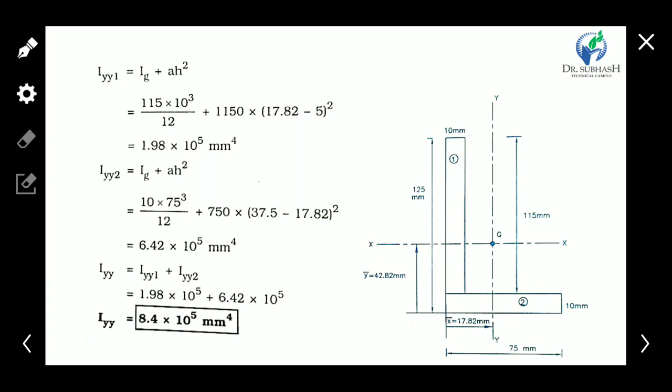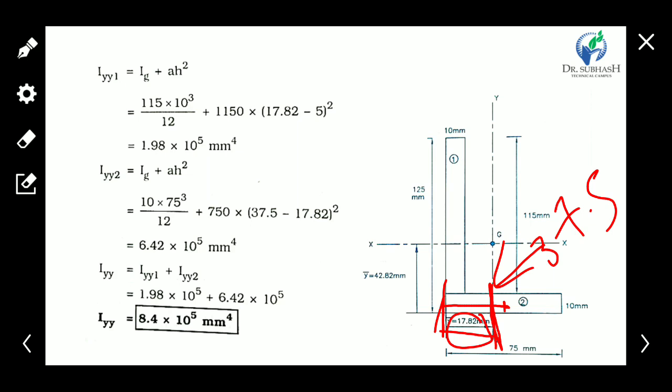Okay, so the CG distance is half of 75, which is 37.5, and the total x bar is 17.82.